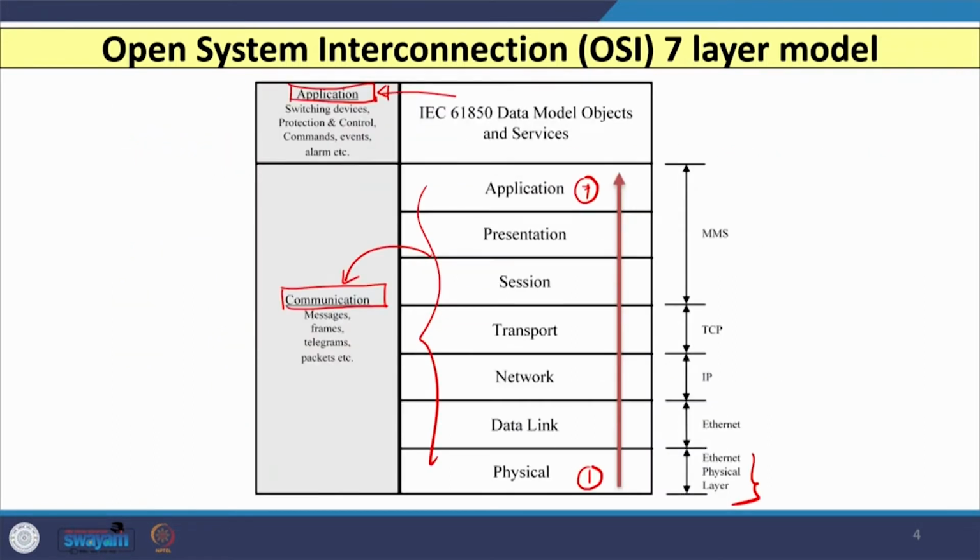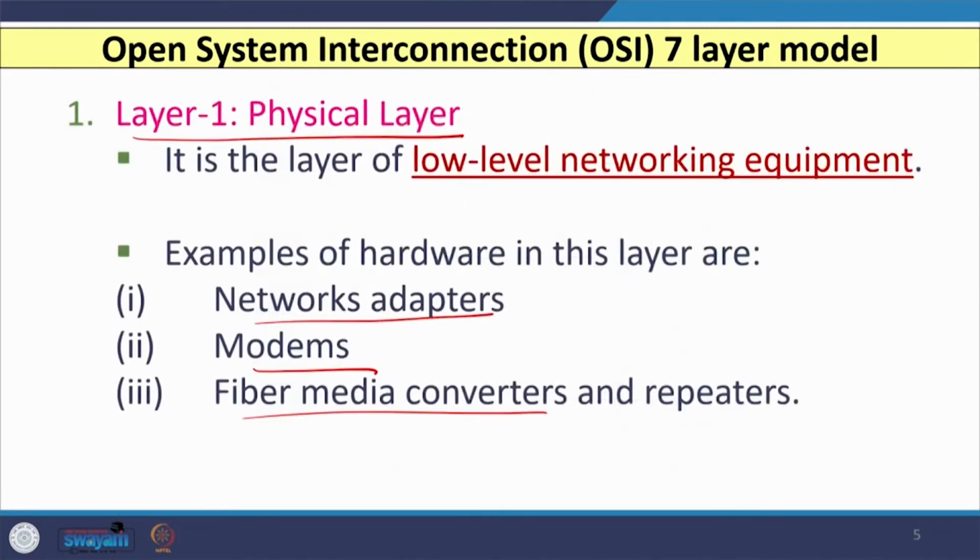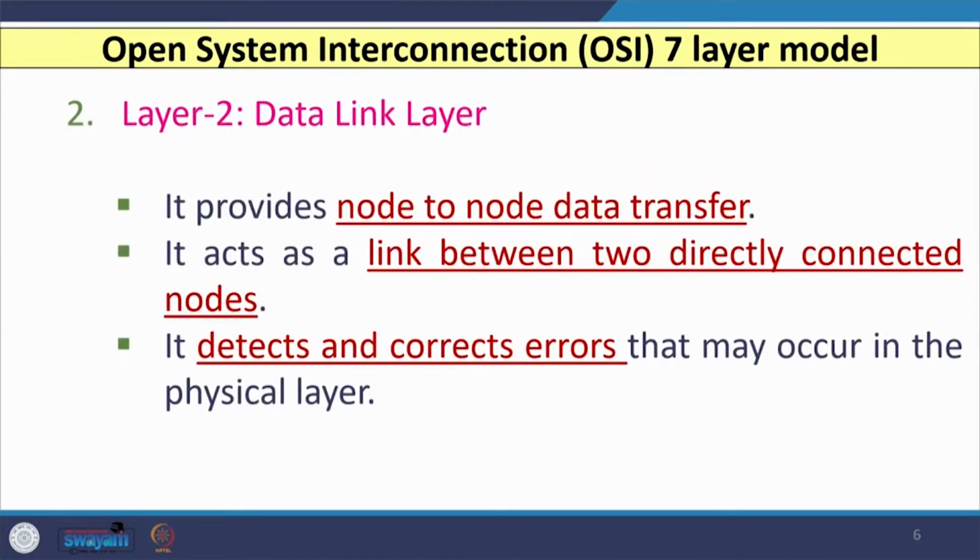Now, the second layer is known as the data link layer. Again I have mentioned that it is an Ethernet layer. The data link layer provides node to node data transfer, and at the same time it also acts as a link between two directly connected nodes.